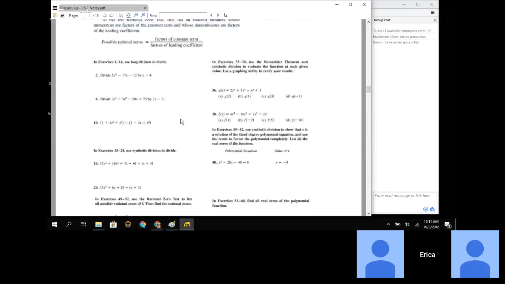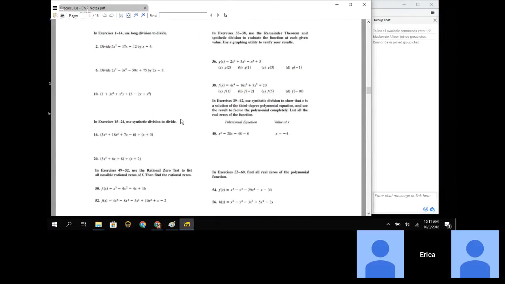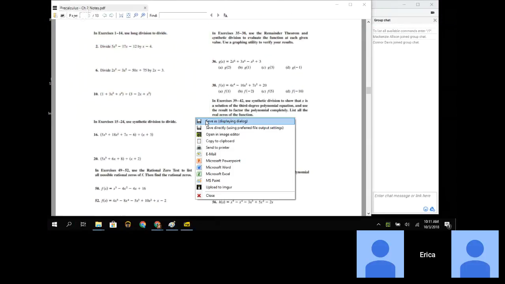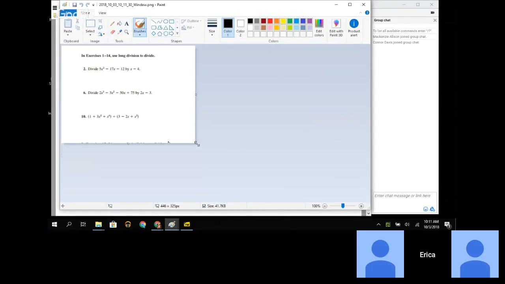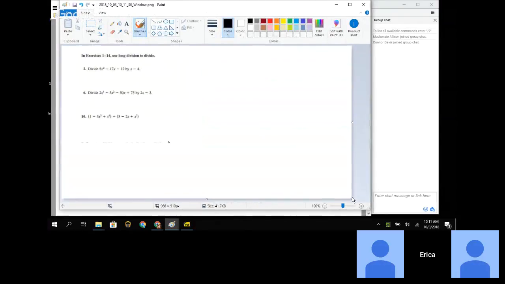I think it'll make sense as we go through it. This is a very example-heavy section where I show you what we're going to do. You're going to practice it, and then it's something you can stick in the back of your math knowledge and pull out if we have some applications in the future. Okay. All right.